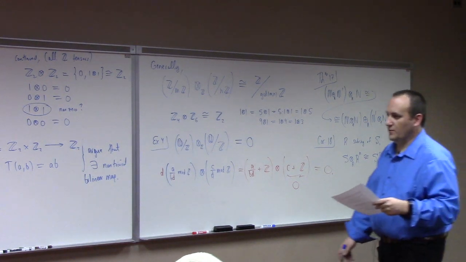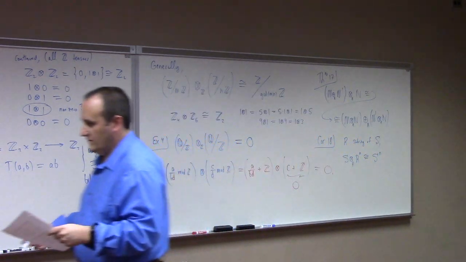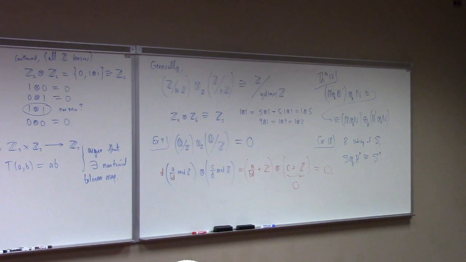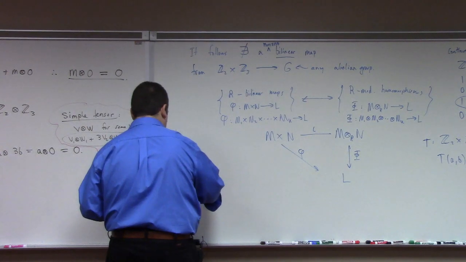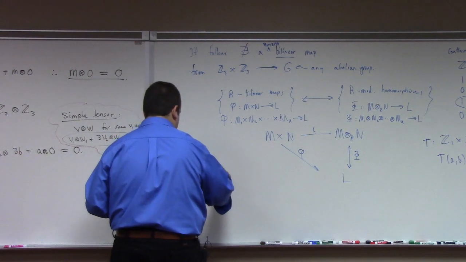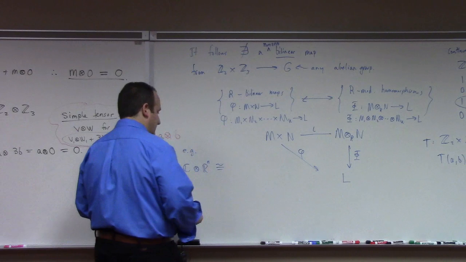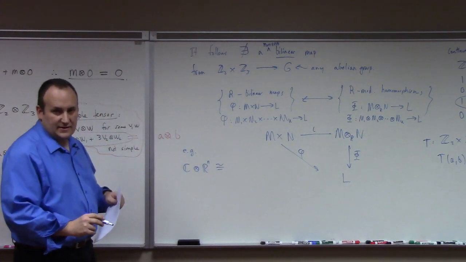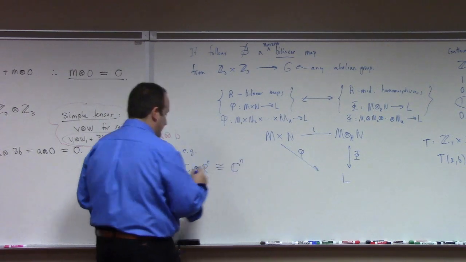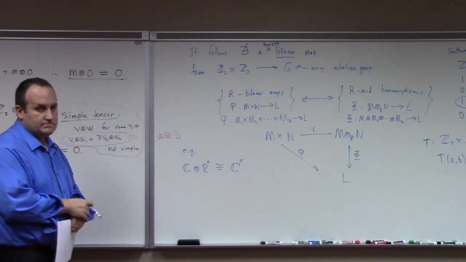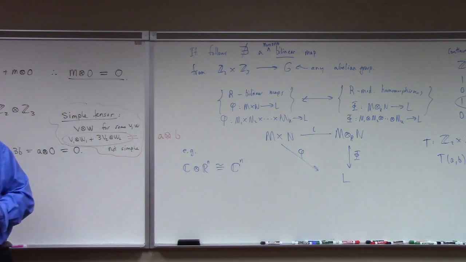To give you some more direct applications of that, if I take the complex numbers and I tensor product with Rn, that is, up to isomorphism, Cn. That's what that final corollary says.